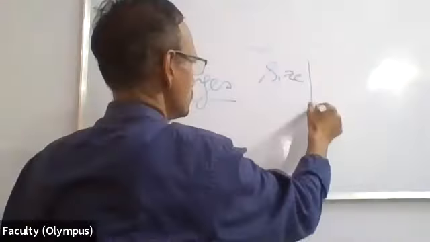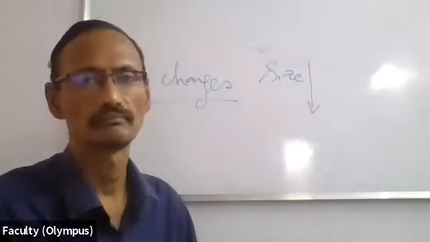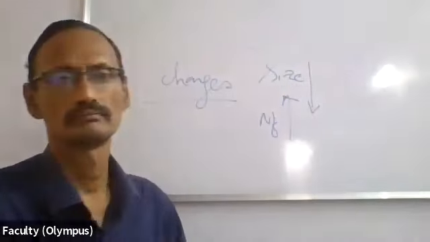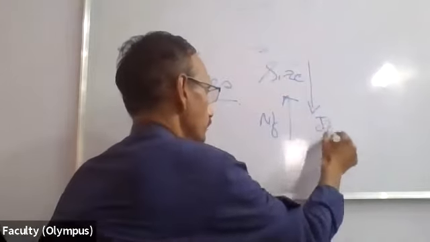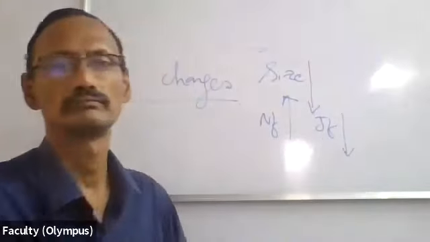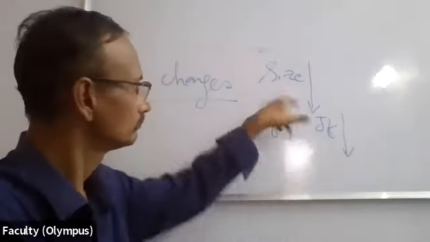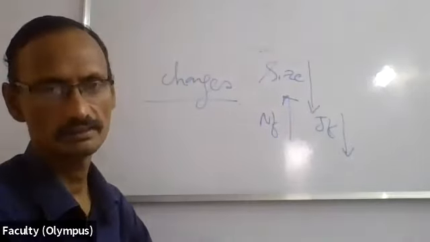More nuclear. Family size is getting reduced. Nuclear family is increasing. Joint family is reducing. Yes, more nuclear, joint family reduced. Family size itself is reducing.